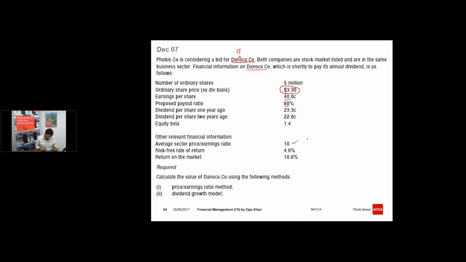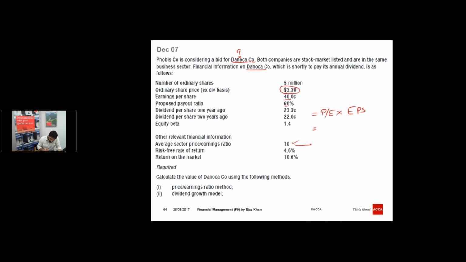Calculate the value of Denoka company using the following methods. We need the price earning ratio. So using the price earning ratio method, we have to find out the value of Denoka company. What we need is the PE ratio and the earning per share of the company.